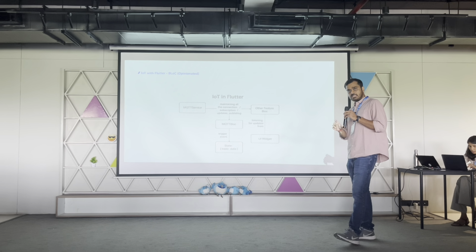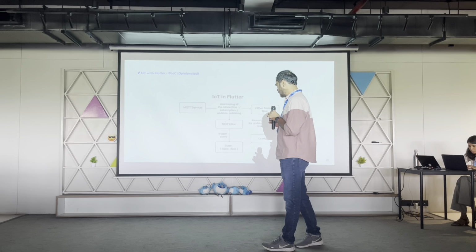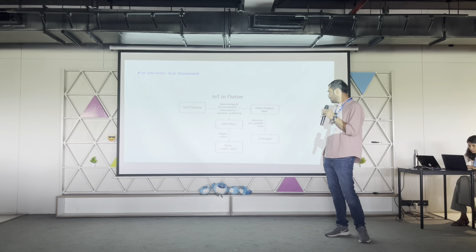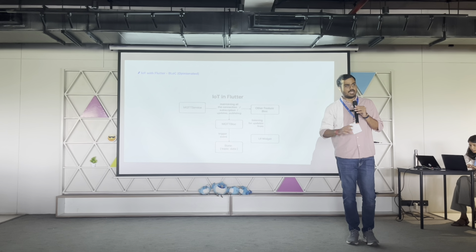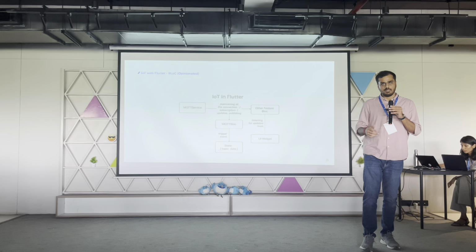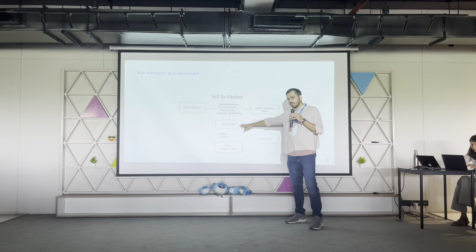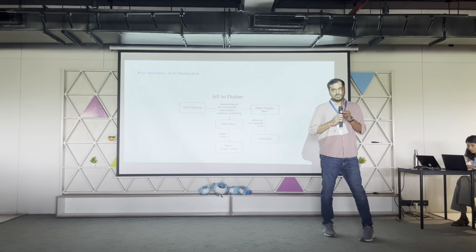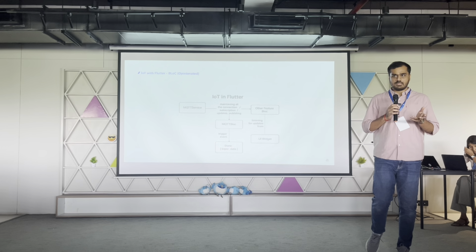A state would be a very generic state: new data has been received. You can assume it will have the topic name and the data along with that. Whoever wants to listen for a location update, any screen A, screen B, screen C, just needs to listen for the state stream from the Bloc, and your UI will be updated. So this is a very simplified pattern that we tried, and it's working well.